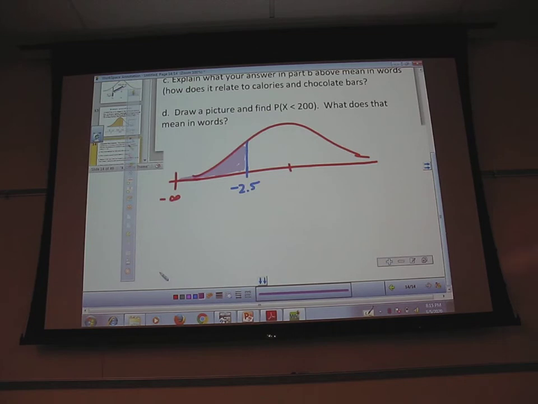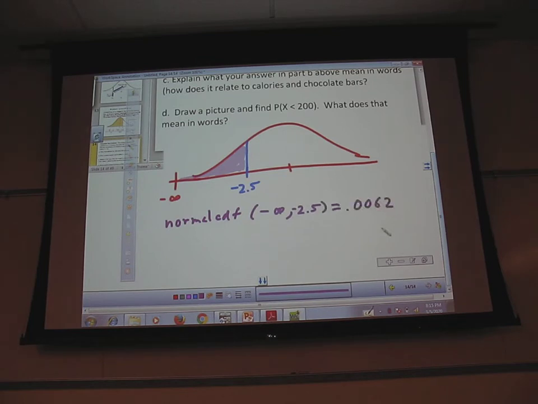Does that make sense? You don't have to, but if you screw it up, it's on you then. All right. So normal CDF of negative infinity, pick a large number, to negative 2.5 is 0.0062.